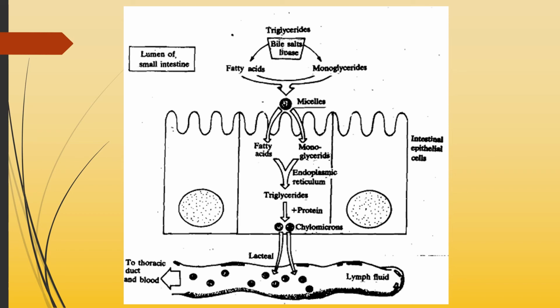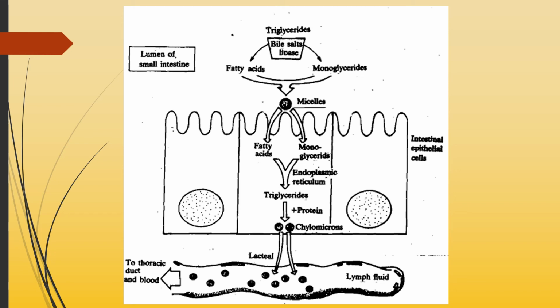Each mixed micelle has the bile salts in the outer part, whereas the hydrophobic fatty acids and cholesterol molecules form the core of micelle. These micelles are taken by the intestinal mucosal cells, generally by the process of pinocytosis.